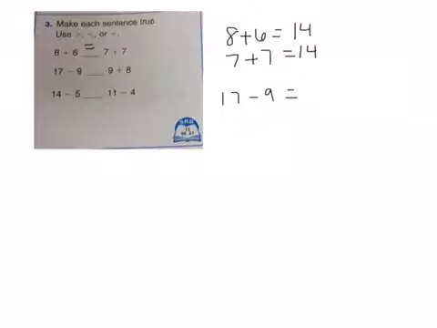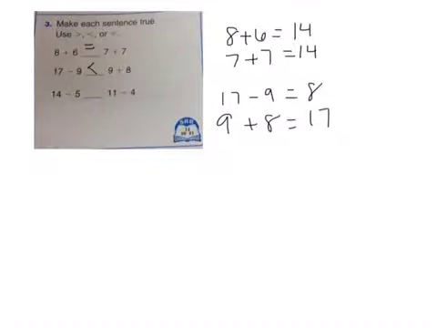The first way that we can look at them is by doing quick addition. 8 plus 6 is the same as 14. 7 plus 7 is the same as 14, so we know our first answer is the same value as. 17 take away 9 is the same as 8. 9 plus 8 is the same as 17, so we know that we want the less than sign.